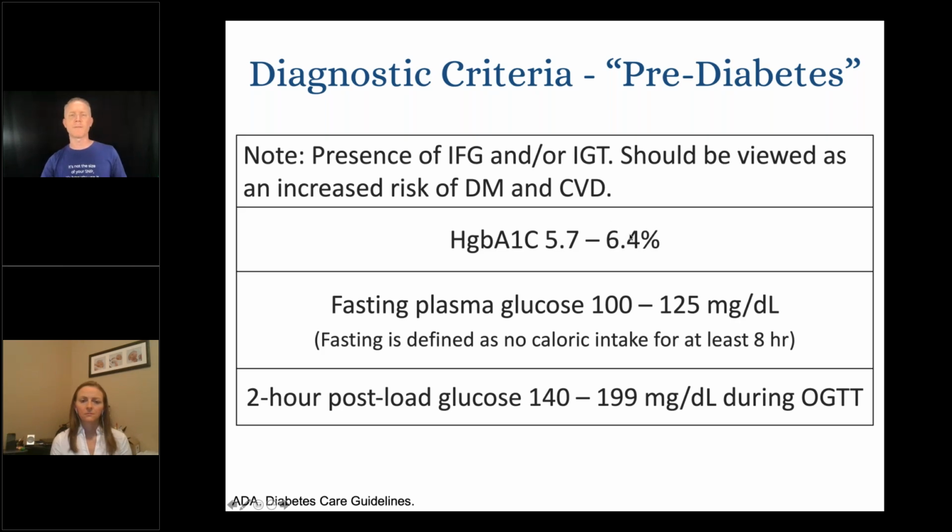So it's less than 6.5, but still on the higher end, where if you made lifestyle changes, were aggressive and disciplined, you could turn that around. It's not diagnostic yet, but it's getting close and it puts the patient at high risk. Fasting blood sugar between 100 and 125. Hers was 115, so she meets that criteria, and it is an 8-hour fast of no caloric intake.